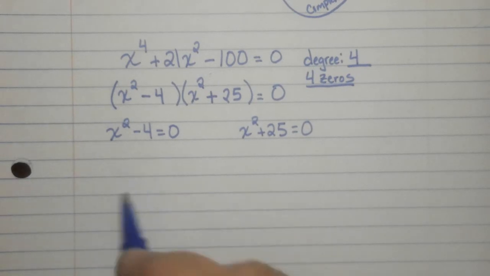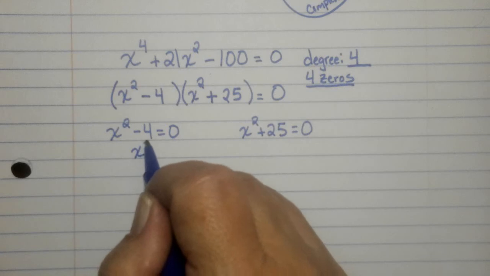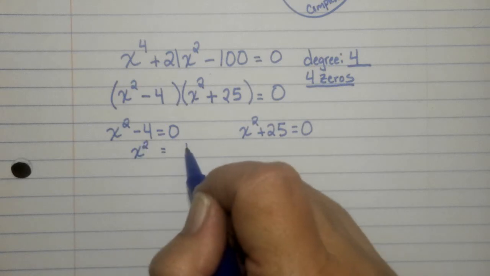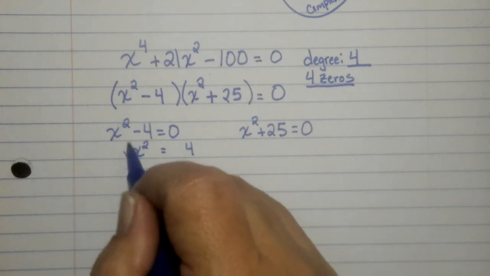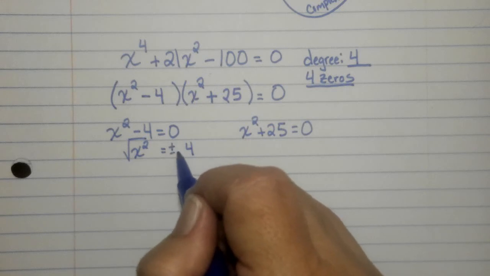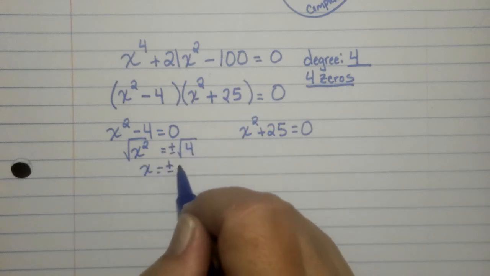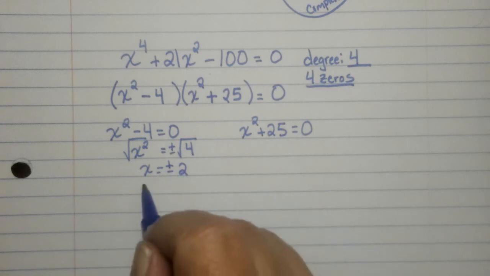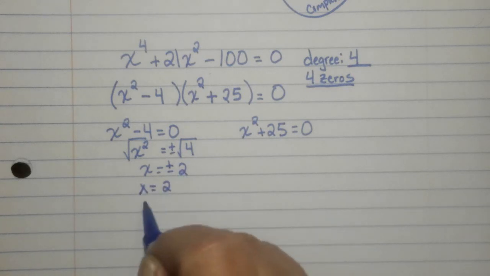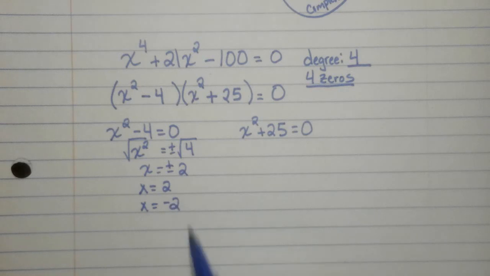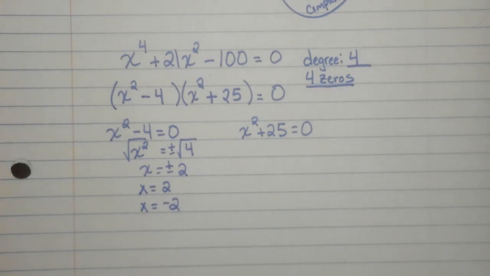So if I solve my first equation, I'd have x squared is equal to 4. I'd take the square root of both sides, plus or minus. And so x would be plus or minus 2. So I've got x equals 2. I've got x equals negative 2. Those are real numbers. I would see those answers in my table. 2, 0, negative 2, 0.